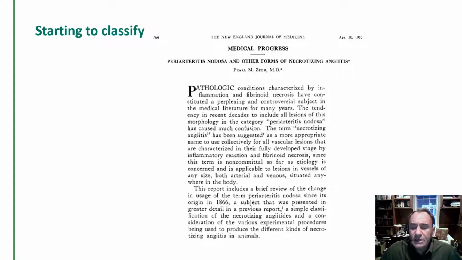One of the big changes here was they started to use the term necrotizing angiitis, and one of the reasons for that was because it was recognized that vascular lesions were seen in multiple different areas, not just arteries, as periarteritis nodosa would suggest. So the report here in 1953 included a review of the change in uses of the term and made some suggestions.